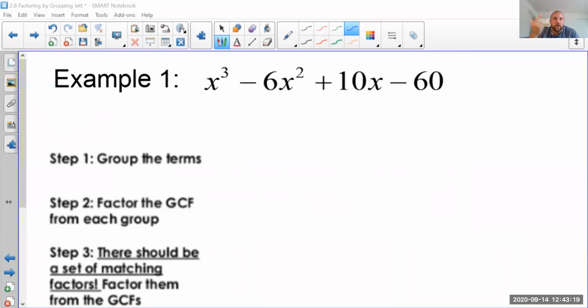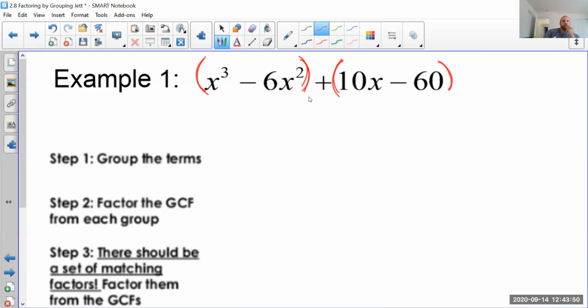Second of all, they don't all have an x. So I immediately know there's no GCF here because they don't all have the same thing. So no GCF for the whole thing. So first thing we do here, group with parentheses the first 2 terms. Group with parentheses the last 2 terms. So we're grouping them together.